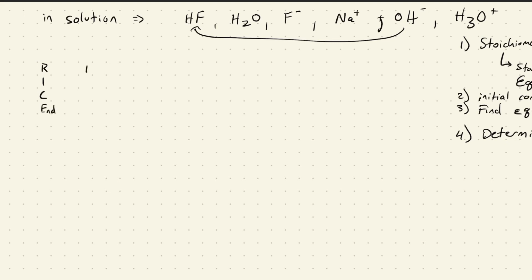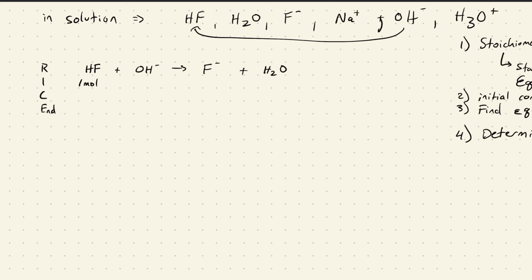Okay, so this is the hydrofluoric acid, the weak acid, reacting with that strong base, that hydroxide ion, and that's going to make fluoride ion plus water. All right. Now, our initial amounts are 1 mole of the hydrofluoric acid. Remember, this is a 1 molar hydrofluoric acid solution, and we also added 1 molar sodium fluoride.